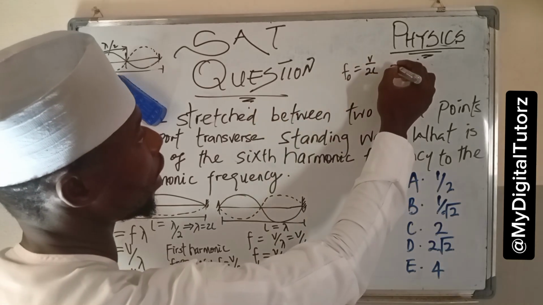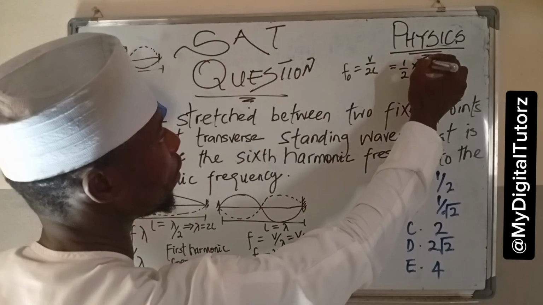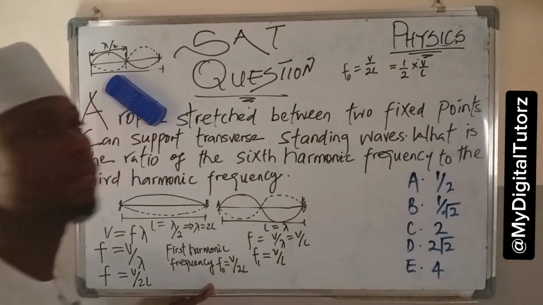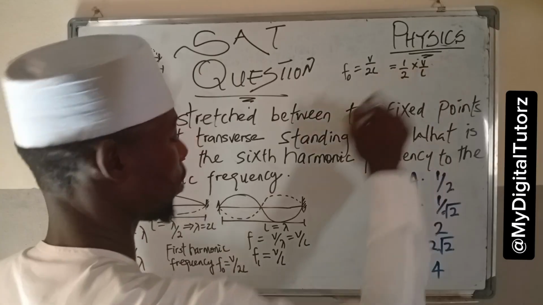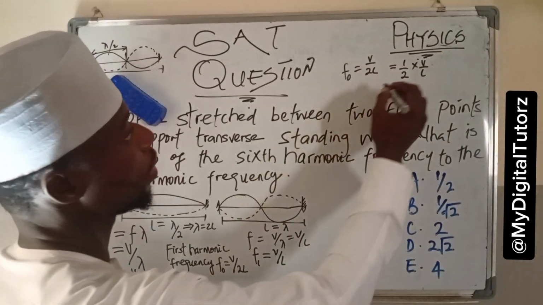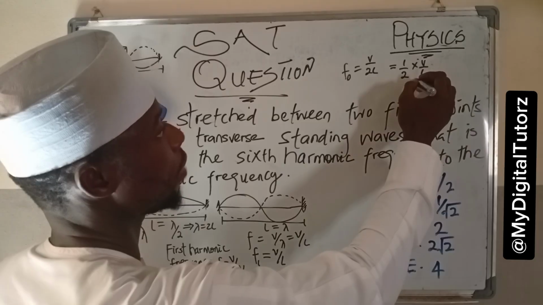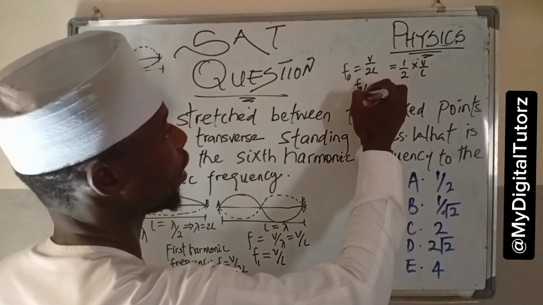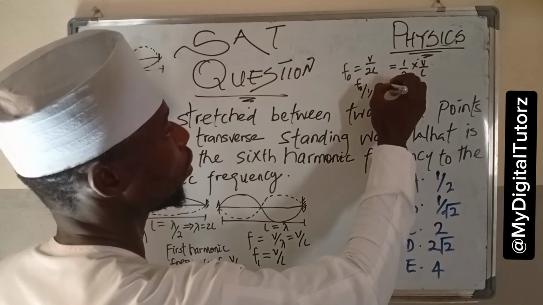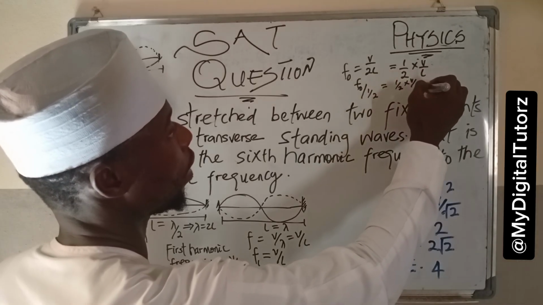I can rewrite it as 1 over 2 times V over L. It's still the same thing. Am I correct? Now I want to make V over L the subject of the formula, so I will divide both sides by 1 over 2. Then I'm going to have f naught divided by 1 over 2 equal to 1 over 2 times V over L divided by 1 over 2.